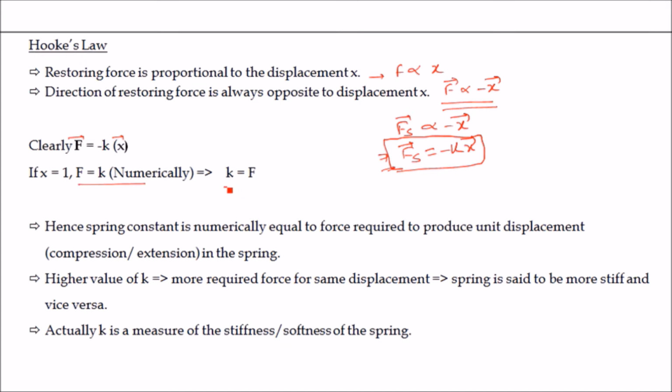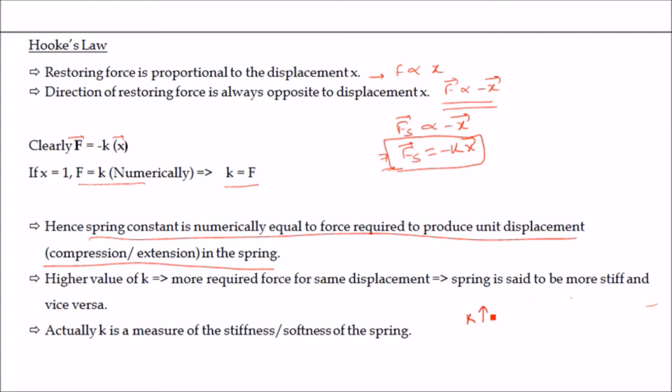So how do we define the spring constant K? Spring constant K is basically defined as the stiffness or softness of the spring, and it is numerically equal to the force required to produce unit displacement in the spring. The higher the value of K, the more stiff the spring is said to be, and vice versa.